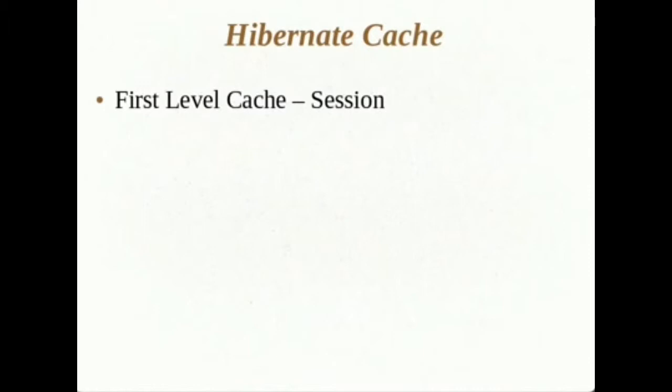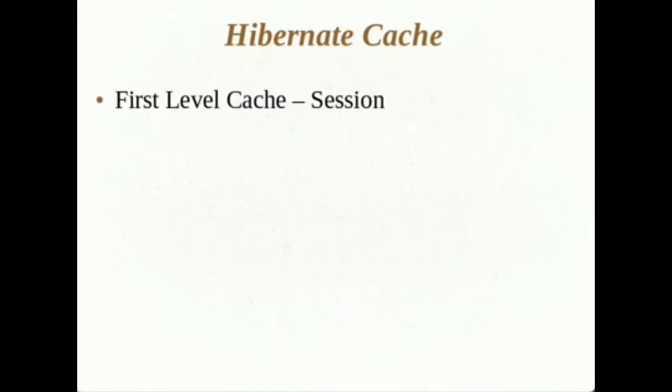But then there is a second level of cache that we can implement as well. So why do we need the second level of cache? The second level of cache is needed because a session is not something that you would hold for a long period of time. As we've seen earlier, a session factory is something that's there for the entire life of the application, but a session is something that you want to open when you need to talk to the database and then close it as soon as you're done talking to the database.